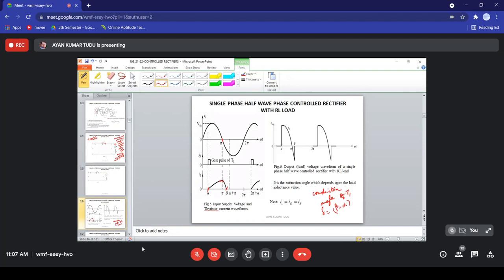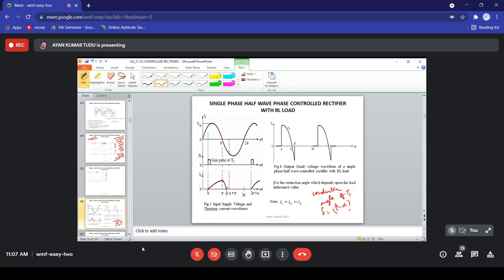This conduction angle depends upon the delay angle alpha and the load impedance angle phi, because we have said that because of the presence of inductance, there would be a phase shift between the load voltage and the load current waveforms.